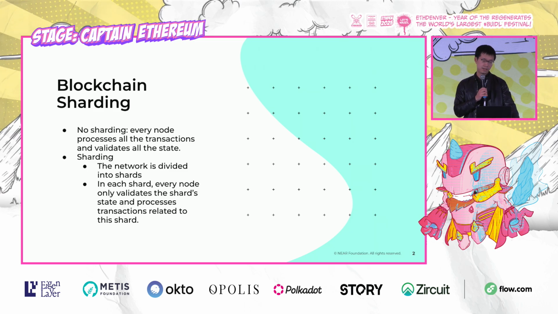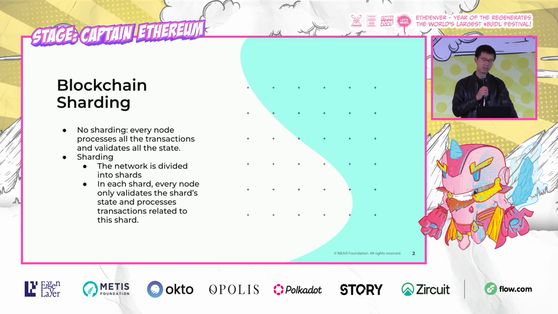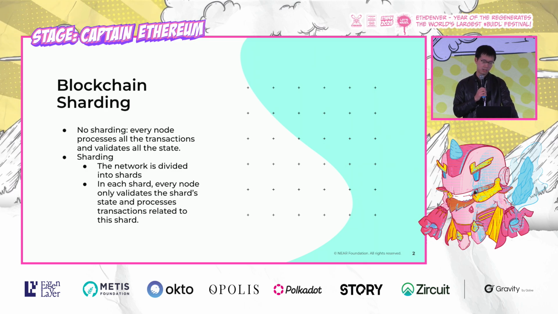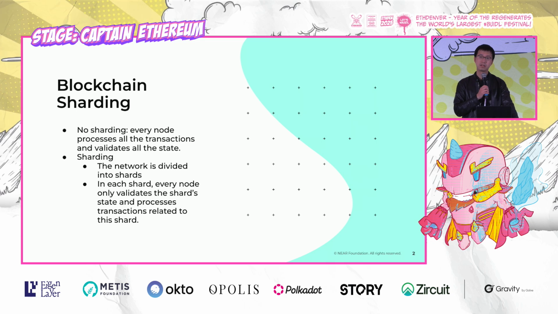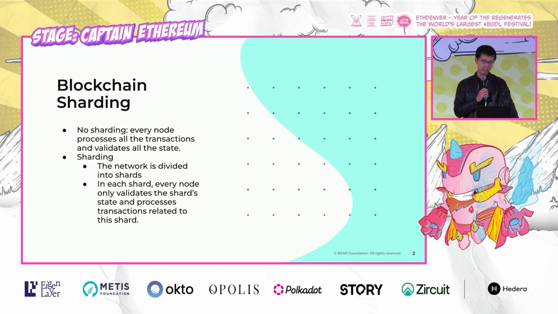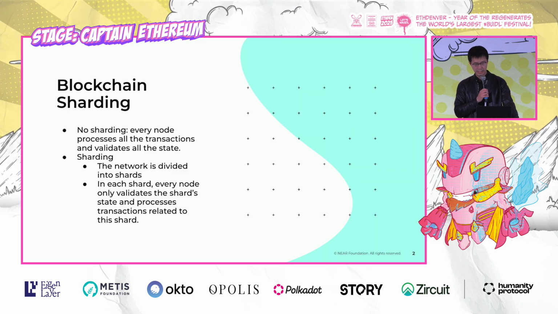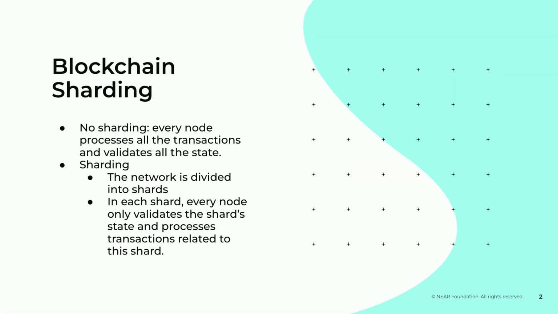So sharding is the idea that we have the network divided into different shards. Each shard you can think of as its own blockchain. Inside each shard, every node who validates that shard processes the same transactions, validates the same state transition, and agrees on the same state root.